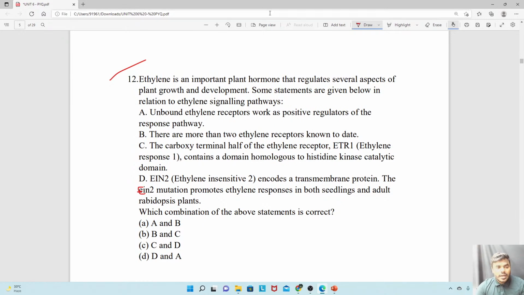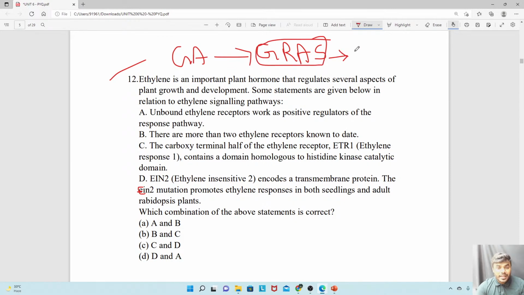Someone asked, Priya, GRAS is the protein which is activated by gibberellic acid. Once the GRAS protein gets activated, it will stimulate the ubiquitin system. Then ubiquitin will come and attach to the DELLA protein. Then the DELLA protein is degraded by the 26S proteasomal complex.